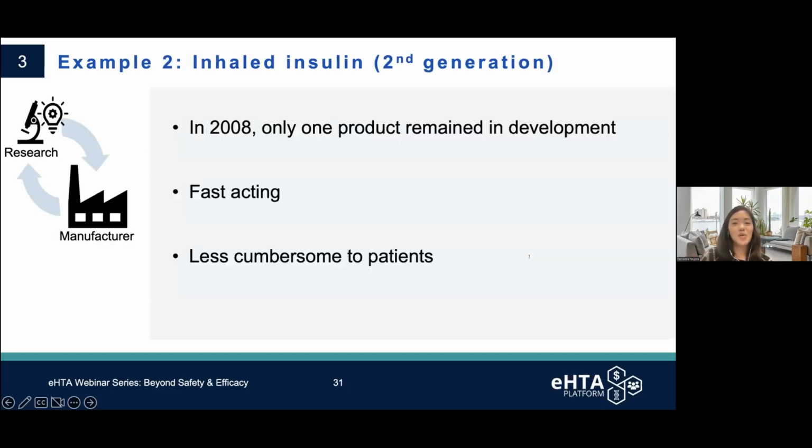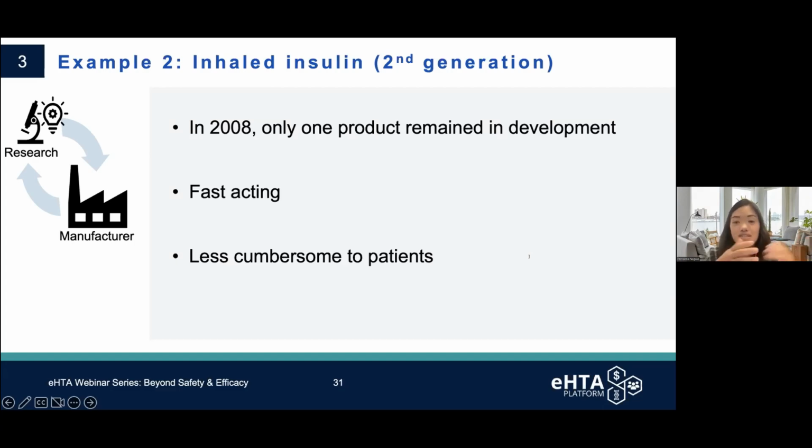So what happened was that in 2008, a company called Mankind Corporation, which is a biotech company from the US, decided to continue developing their own inhaled insulin.